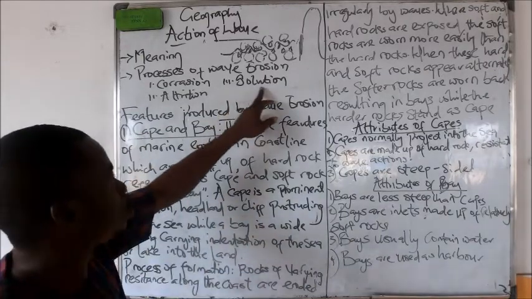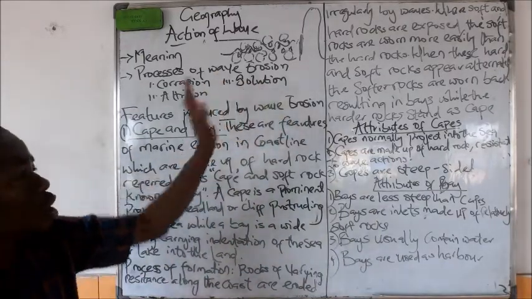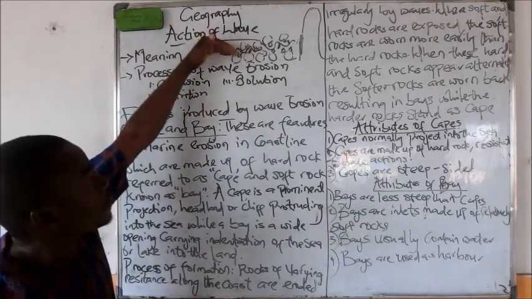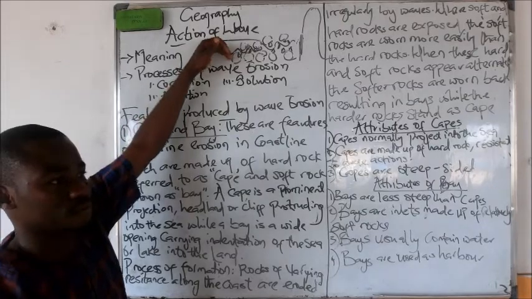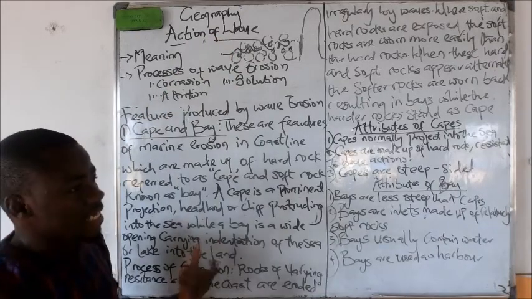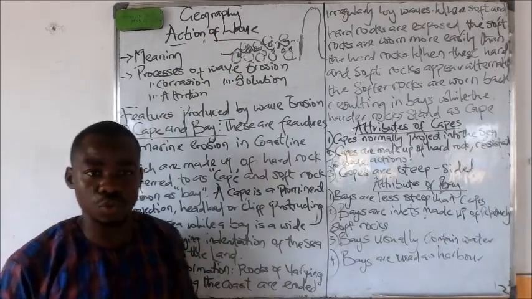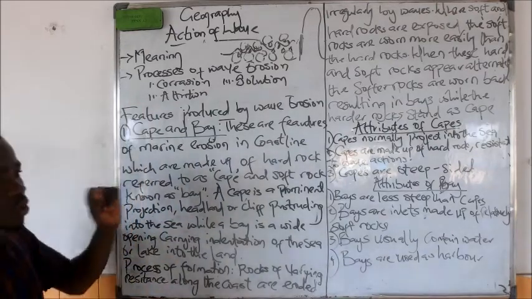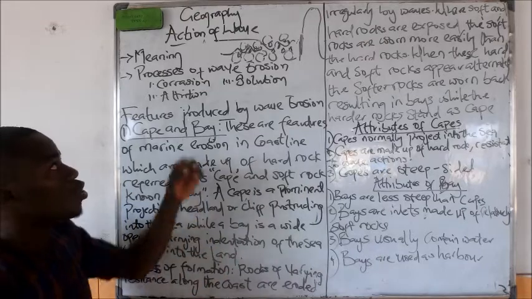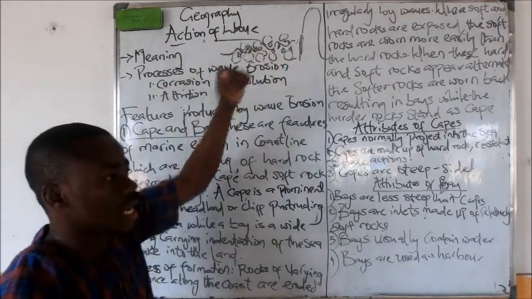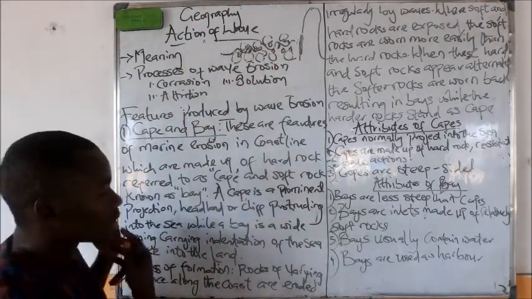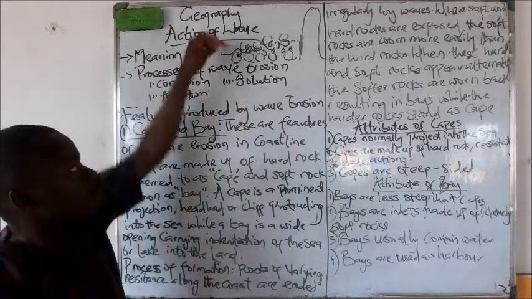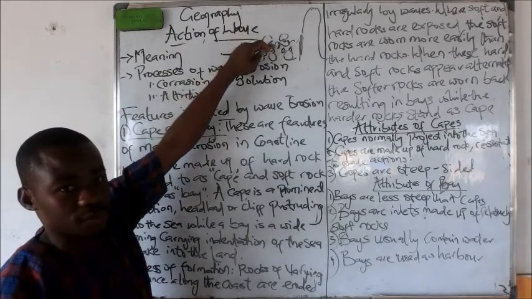Now the last one, which we call solution. This one occurs when you have waterway embedded inside is limestone or soft rock. When these soft rocks, such as limestone or chalk, are within the body of water, and as the body of water is carrying it, they tend to dissolve within the body of water.